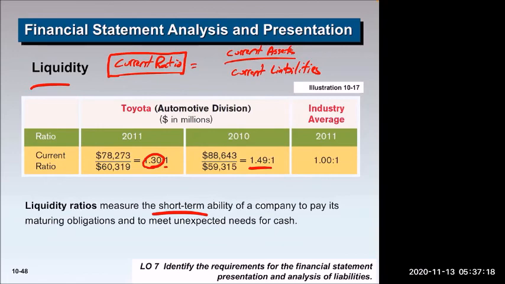But inventories aren't necessarily super liquid. If we go into an economic downturn and we can't sell our inventory, well, it's not really a good indicator of how much liquidity we have. Some ratios do it a little bit better, but it's a good gauge of our general liquidity. So understand this current ratio for sure.